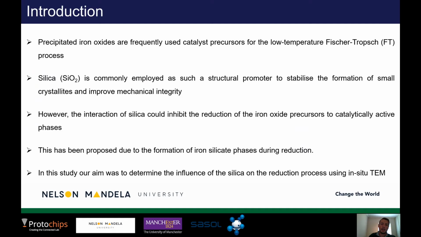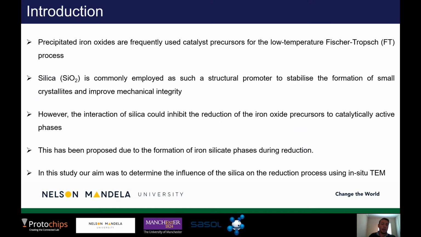As is common with many catalyst systems, structural promoters are employed, in this case silica, to promote a specific structure of the material: the formation of small crystallites of the active phases, in this case iron. It also aids in improving the mechanical integrity of the catalyst as it is used within a reactor.